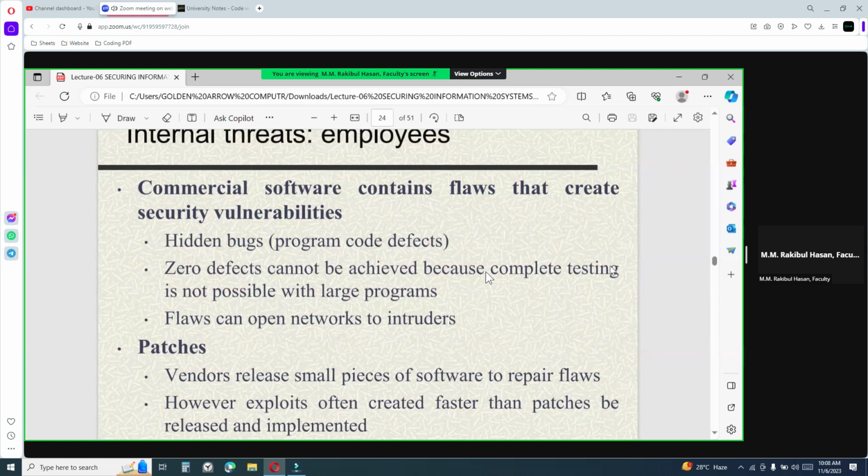Another important fact: when a very popular software comes into the market, hackers try to identify where the backdoor or the bug is. If they are able to identify it, they can easily attack a number of people. But the development company of that software also performs post-release testing.